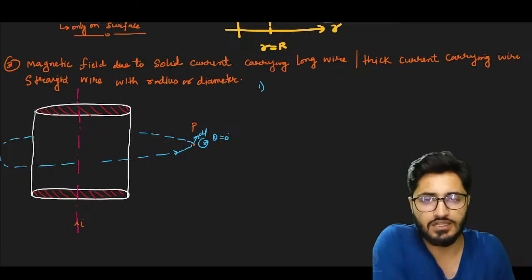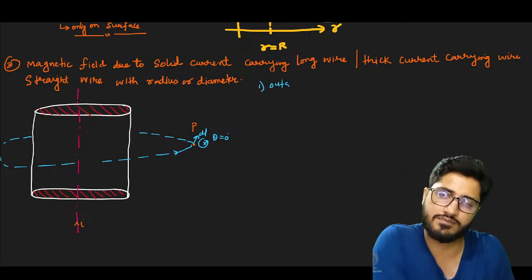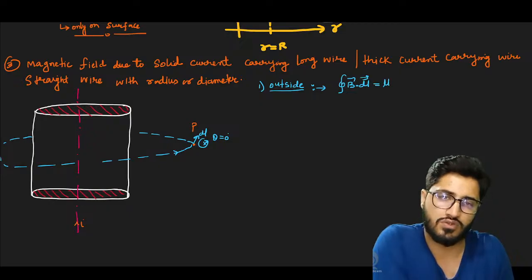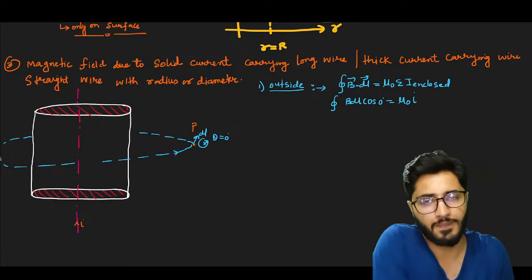First case, outside. So my equation is integral of B dot dl equals nu naught summation of current I that is enclosed. Can I write B dl cos 0 degrees equals nu naught times I only. Now cos 0 is 1.